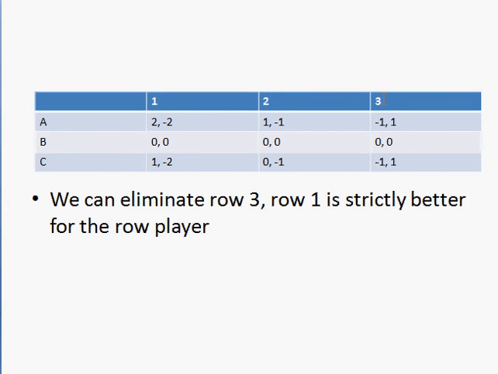So that means we know for certainty that the column player will play 3, and therefore given the row player's choice between A and B, the row player will choose B. They have a choice between -1 and 0. So we've actually solved this game. Row player plays B, column player plays 3, and we did it using successive iteration of dominated strategies.